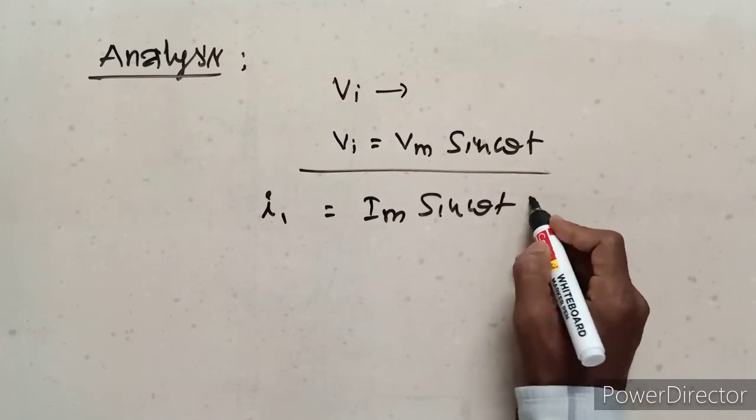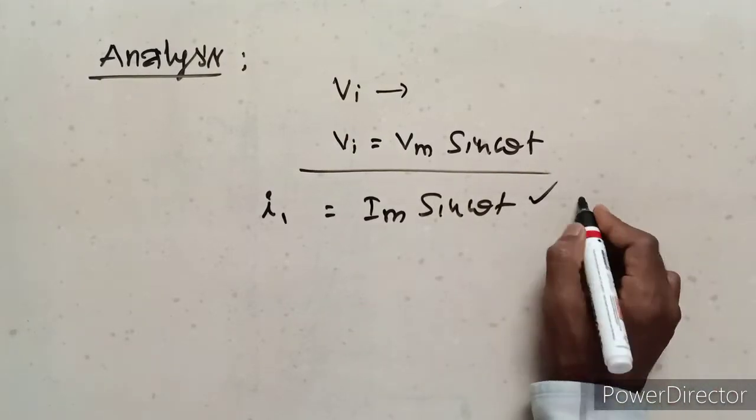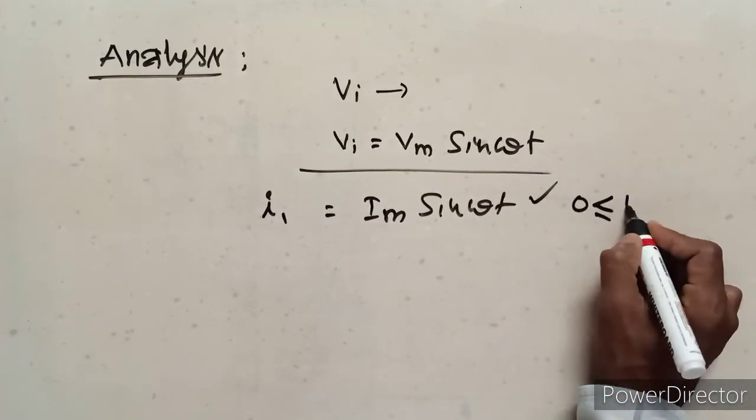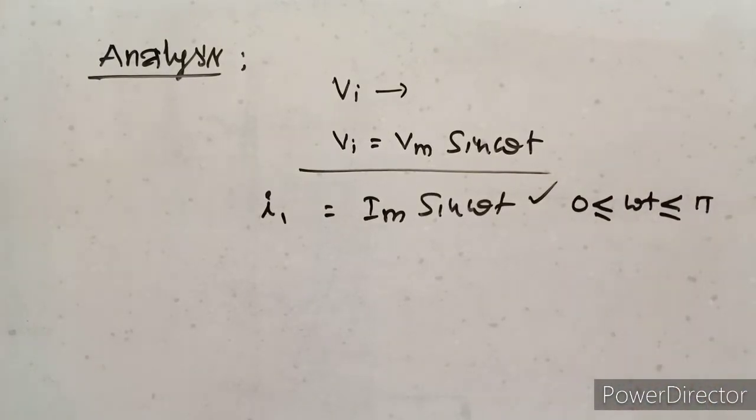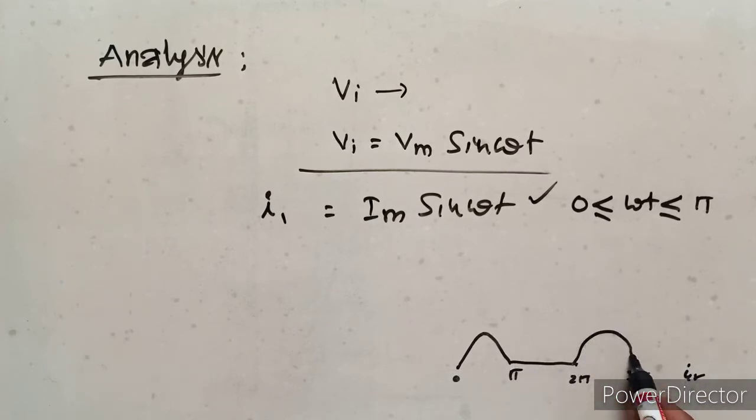This is the allowed current between 0 and pi. Once again we observe 0, pi, 2 pi, 3 pi, 4 pi: this is allowed, this is not allowed, this is allowed, this is not allowed.